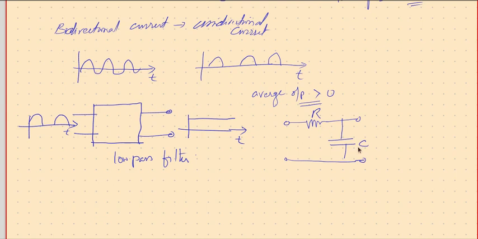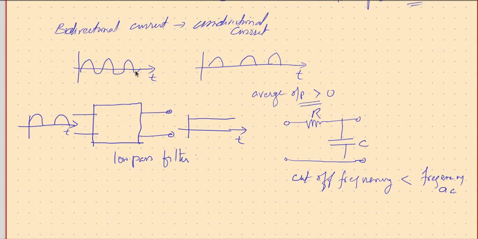These R and C values are selected such that the cutoff frequency is less than our AC frequency.